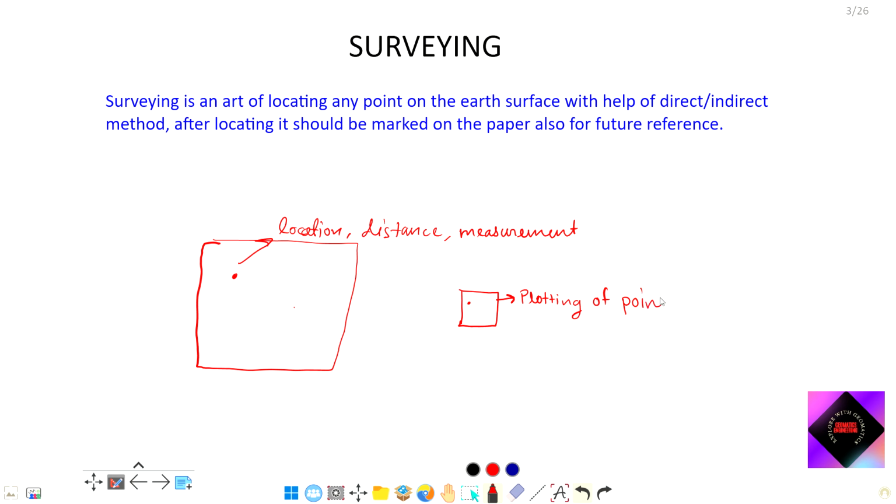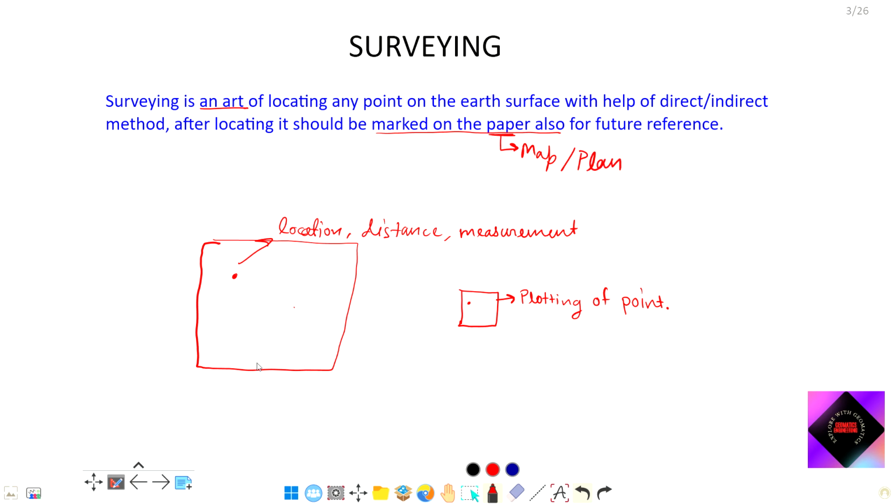So as a definition, we can say surveying is an art of locating any point on the earth's surface with the help of direct or indirect measurements. After locating, it should be marked on paper for future reference, and that paper is called a map or plan.